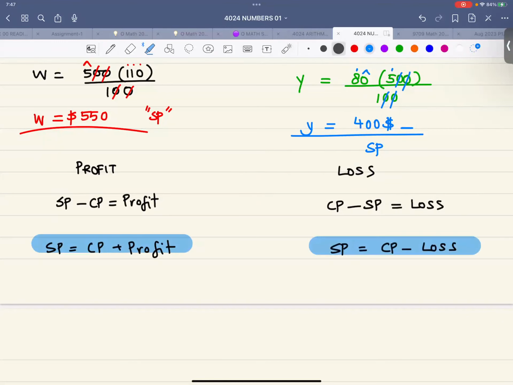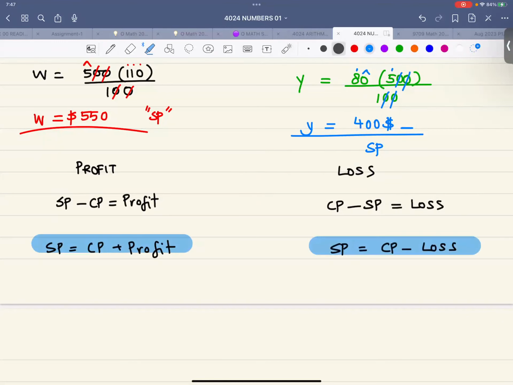It could be price, it could be value. We are given the selling price, and we are given the percentage, whether it's a profit percentage, an increase percentage, or a loss percentage, a decrease percentage.